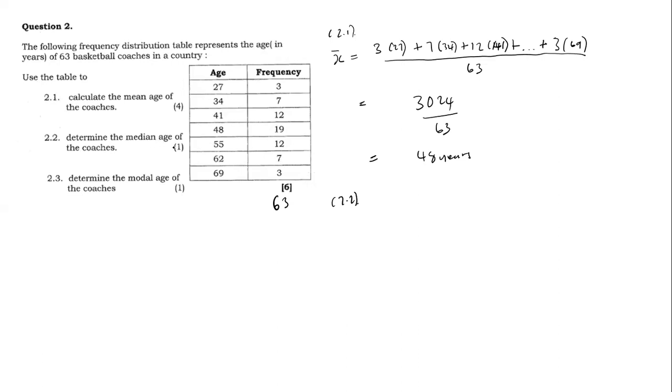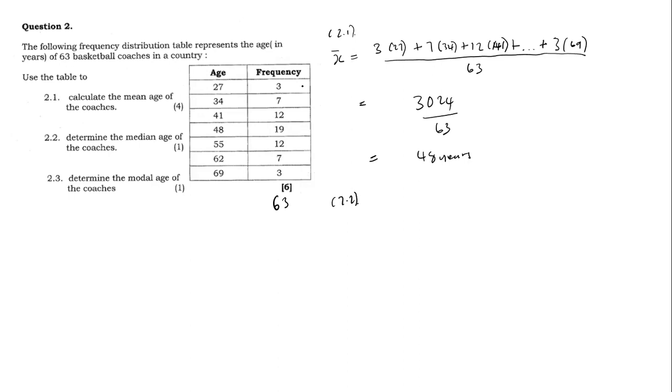In order for us to determine the median age, we want the middle age, right? This is what we are going to do. Already our ages are arranged in order, you can see, from 27 to 69. This is the minimum and this is the maximum. So to determine Q2, the middle term, using this frequency, you're going to do this. Using the frequency, remember it's 63.